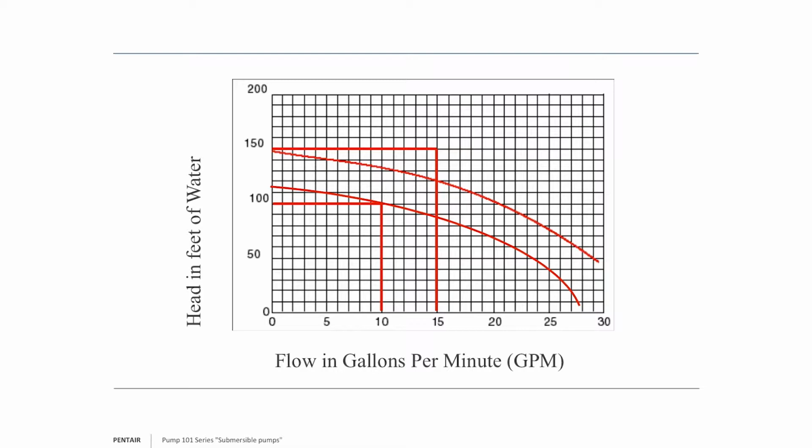Now, granted, this is a very small number. 10 gallons per minute, 100 feet of head is probably not what a greenhouse needs, but let's just pretend for this example it would. If we cut the impeller, and they grow, and now they double the size, and they need 20 gallons per minute, 100 feet of head, you can't add material back to that impeller.